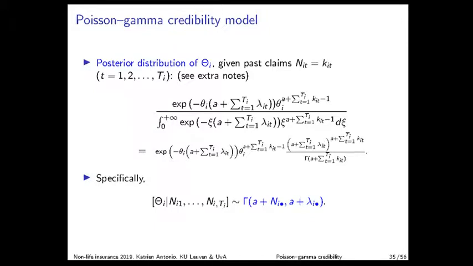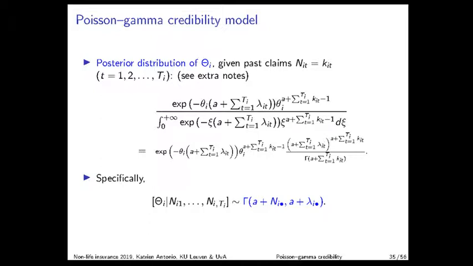Initially, the gamma prior distribution for theta was using parameters a. The corresponding posterior distribution of theta is again gamma distributed, but now takes parameters a plus the sum of all claims reported in the past and a plus the sum of the prior premiums lambda_it.